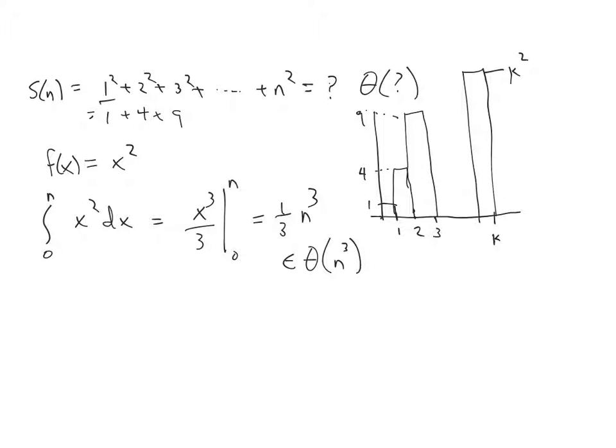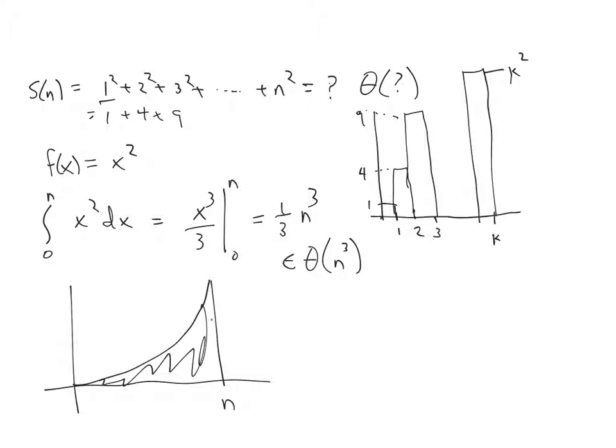Now, is this an exact proof? Actually, yes, because if we take the function x squared and go out to n, the area under the curve is exactly this. And the rectangles actually stick up above, so let me do the rectangles in a green color. So the rectangles all stick up above the curve.